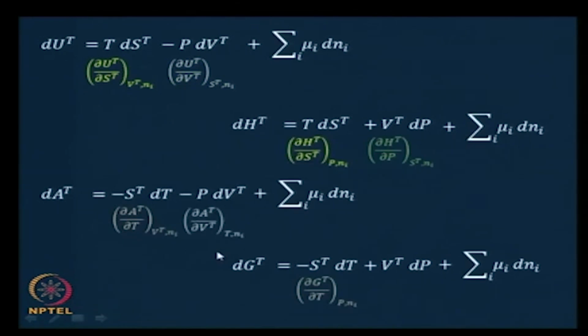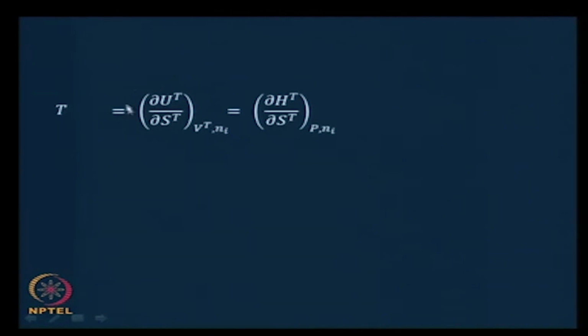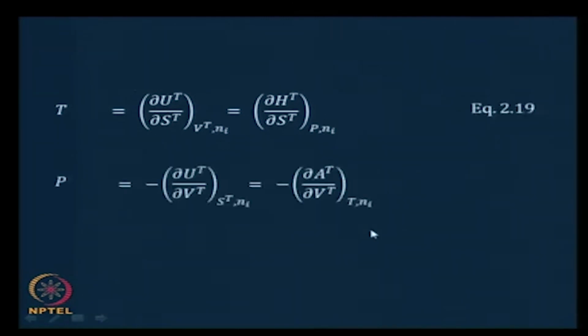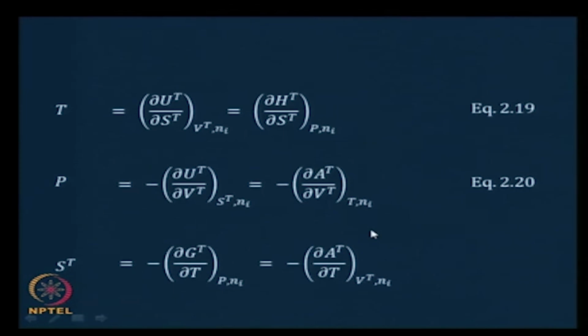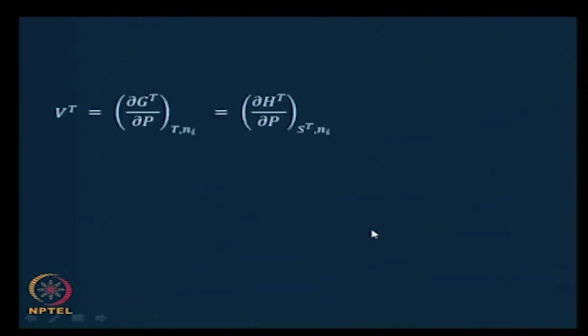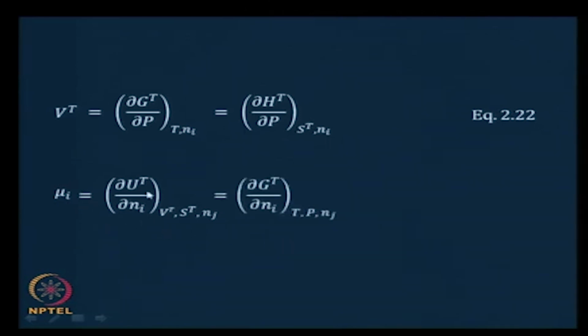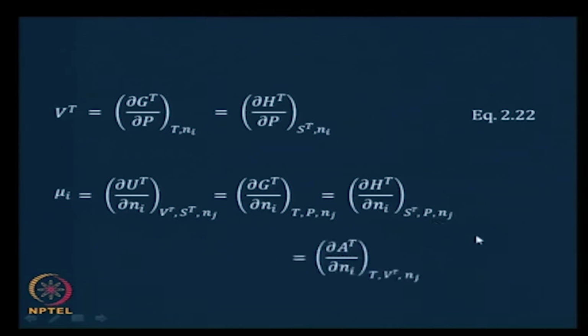We could write the various expressions as temperature as this, pressure as this, enthalpy as this, specific volume as this, and the chemical potential as the partial of Ut with respect to Ni at constant Vt, St and Nj, or the partial of Gt with respect to Ni at constant T, P and Nj, more commonly used, or the partial of Ht with respect to Ni at constant St, P and Nj, or the partial of At with respect to Ni at constant T, Vt and Nj.